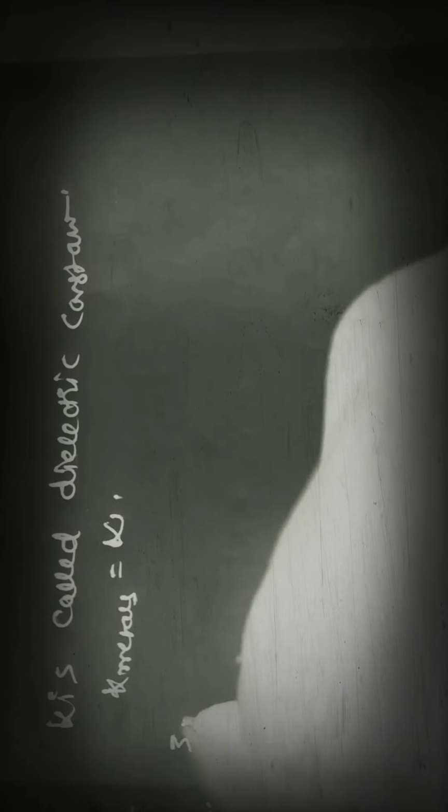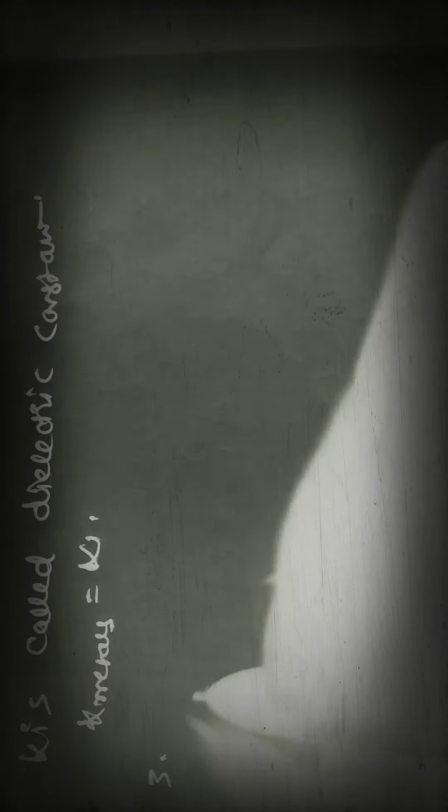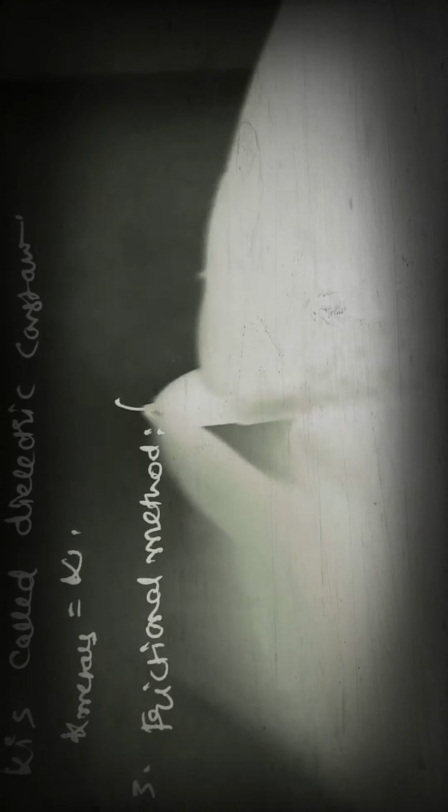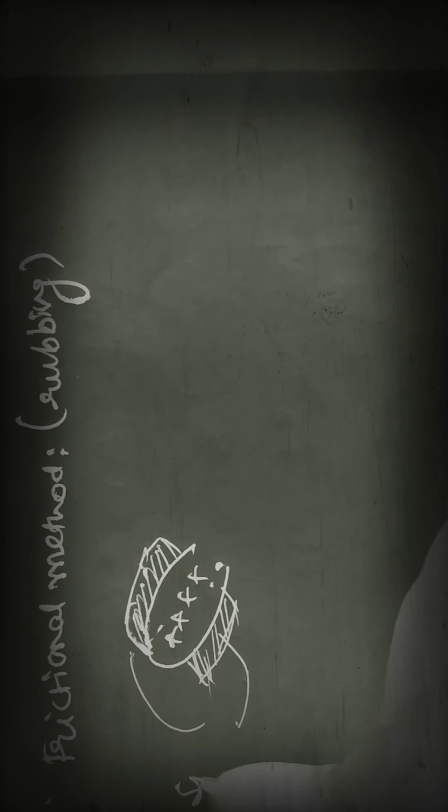Next, the third method is the frictional method, or the rubbing method. In this frictional method, let us consider a glass rod, and a silk cloth is rubbed with it.